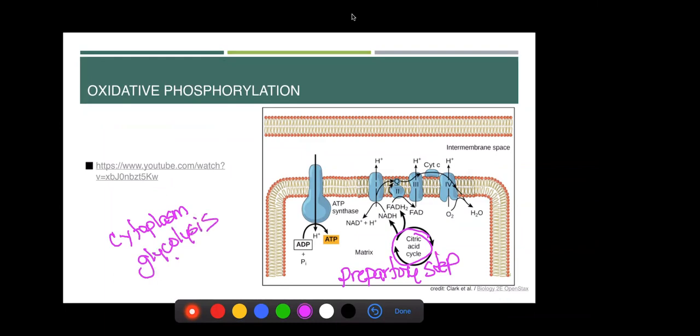And then pyruvate would go into the preparatory step, then into the citric acid cycle. And then all of those products that we made in those different cycles would go into the ETC, where we would pass the electron, make that concentration gradient, drive those protons back through, and drive ATP synthase.